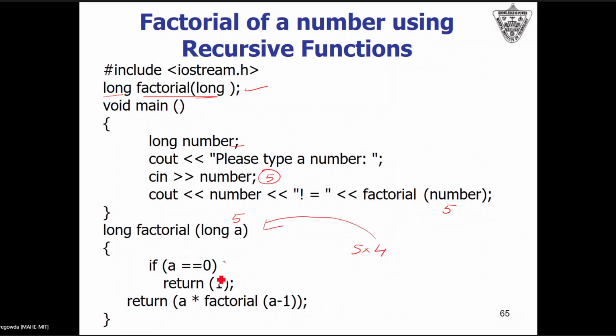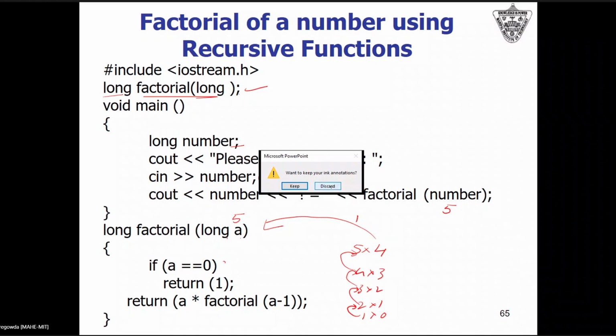It is not 0, so you come here and multiply 4 with 3, 3 with 2, 2 with 1 and 1 with 0. When it returns the value 1, then 1 is returned, 2 is returned, 6 is returned and 24 is returned, and finally this returns the value 120 to the called program.